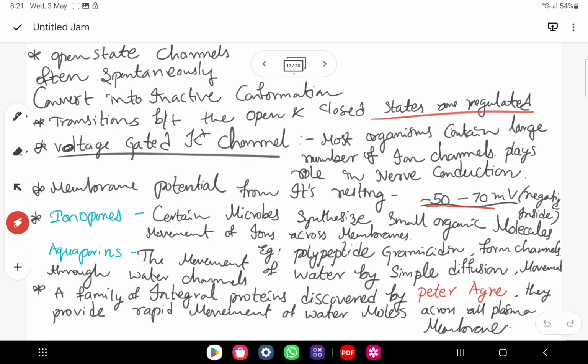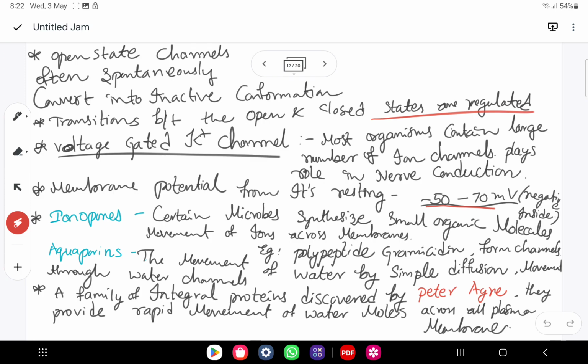They have highly hydrophobic groups. Ionophores: certain microbes synthesize small organic molecules that allow movement of ions across membranes. This arrangement allows the molecules to dissolve efficiently in the membranes and diffuse from one side to another.